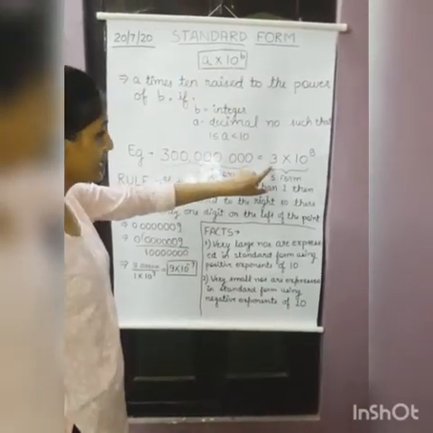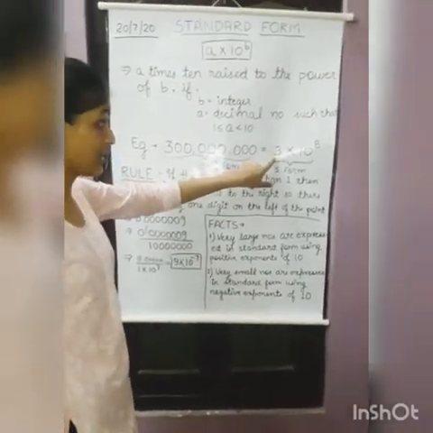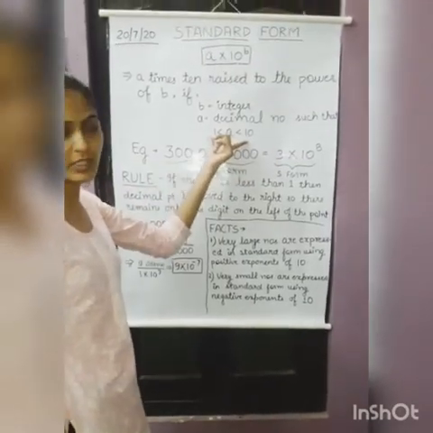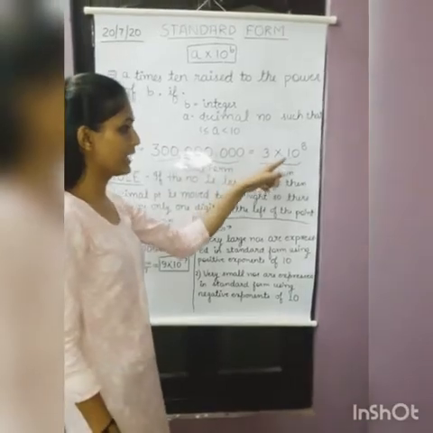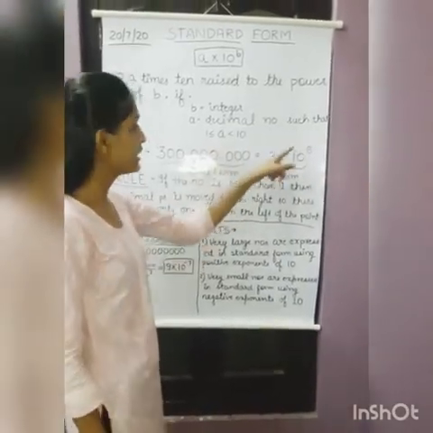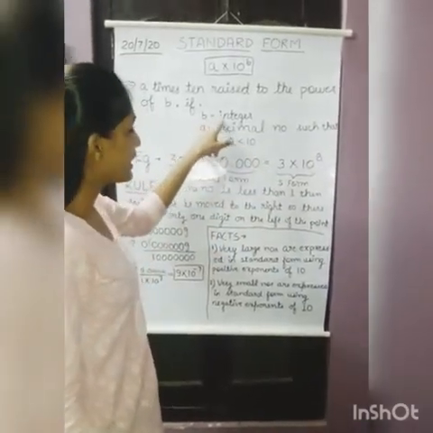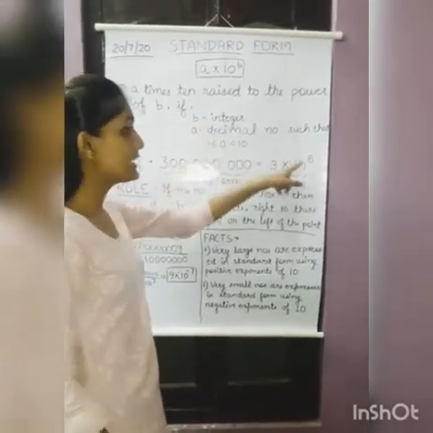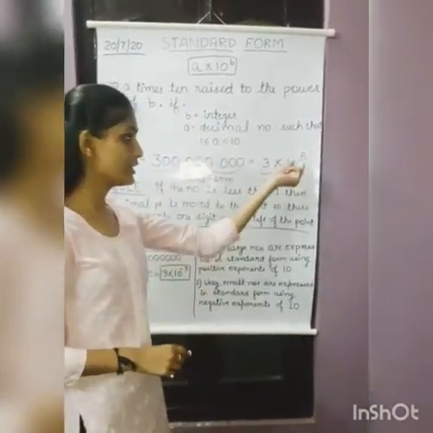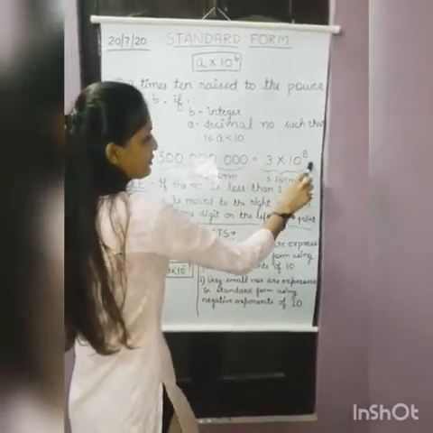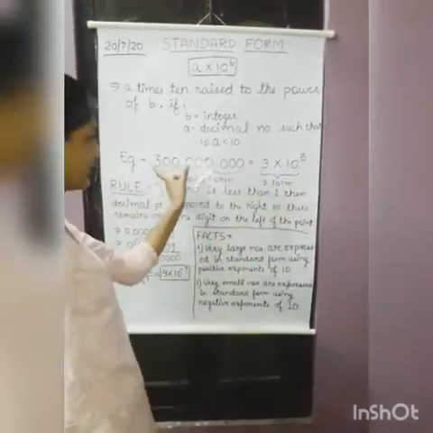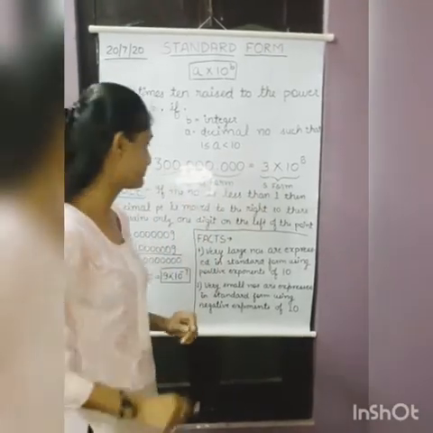A is equal to 3 and it is a decimal number which lies between 1 to 10. 3 lies between 1 to 10, condition satisfied. Multiplied by 10 raised to the power 8. 8 is the b and it is an integer, not at all a fraction. So the whole condition of standard form is satisfied and this number is converted into standard form.